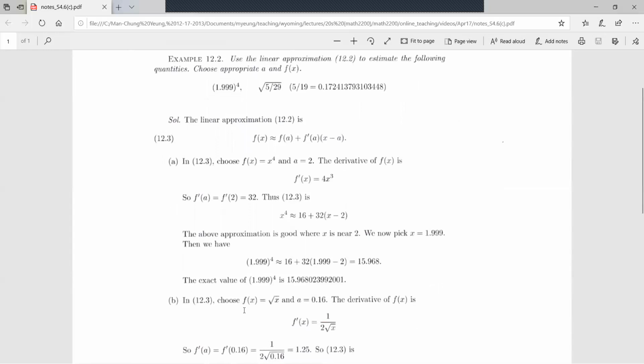The function f, I choose square root of x. What is x? x should be this number.